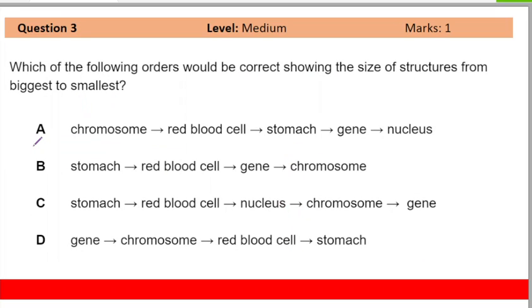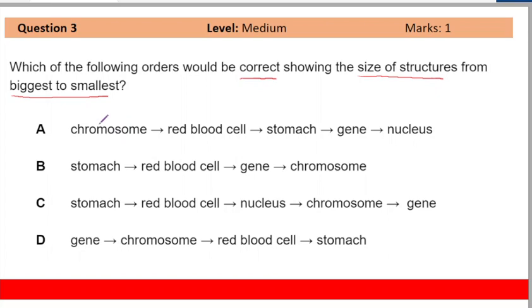Question number 3. Which of the following orders would be correct showing size of structures from biggest to smallest? Let us see these structures first. So here we can see chromosome.